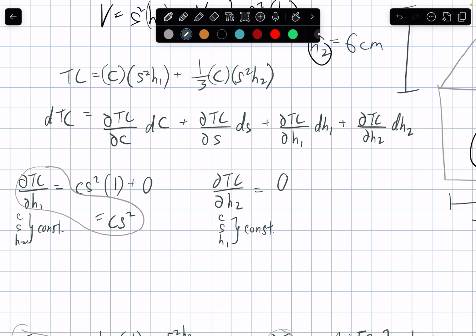Here, C and S squared times 1/3. Derivative of H2 is just 1. So C S squared over 3.